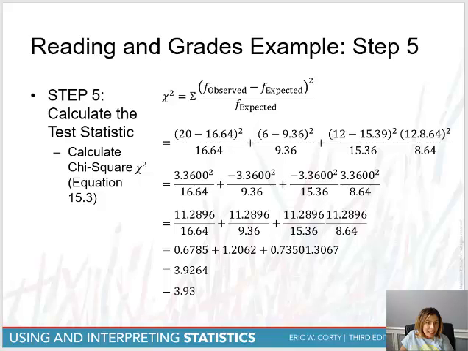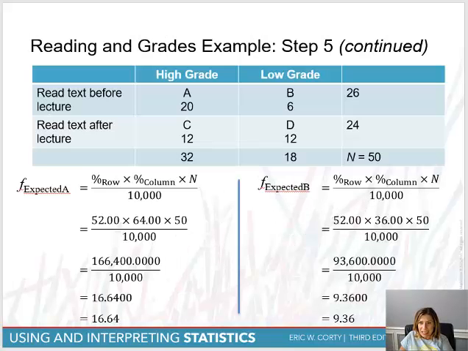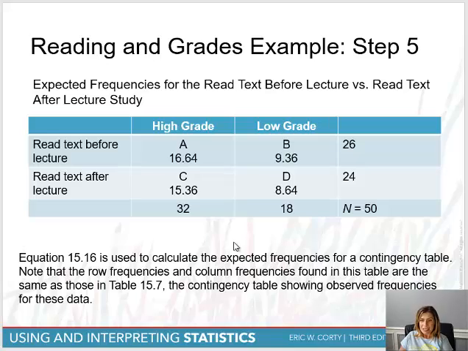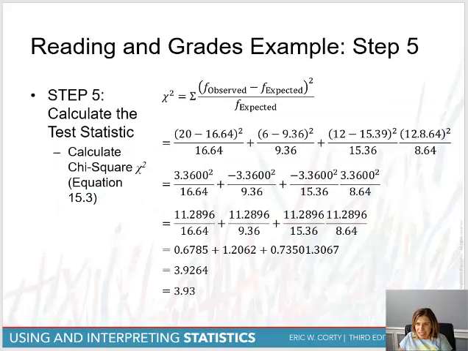For cell D, the observed is 12. 12 minus 8.64 is minus 3.36.